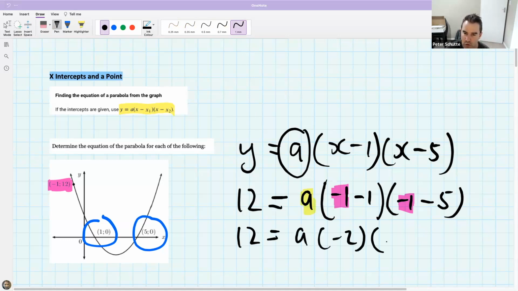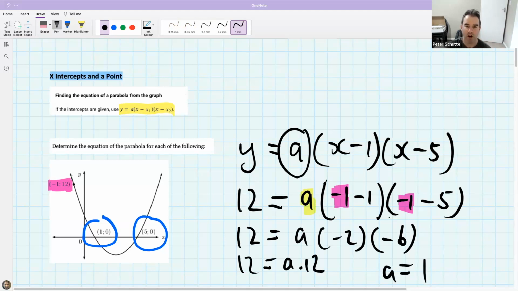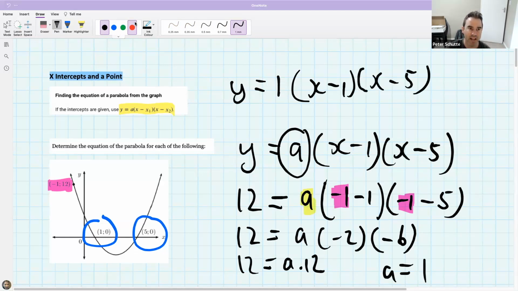Minus 2, and that is minus 6, which then gives me 12. So a must be 1. Okay, now how does this help us? Well, when we started, we needed to know what this value was. So now we do. And in order to get the standard form of my parabola, I'm going to multiply that by that.